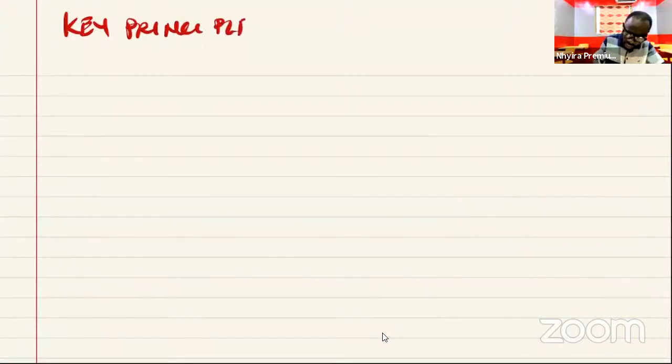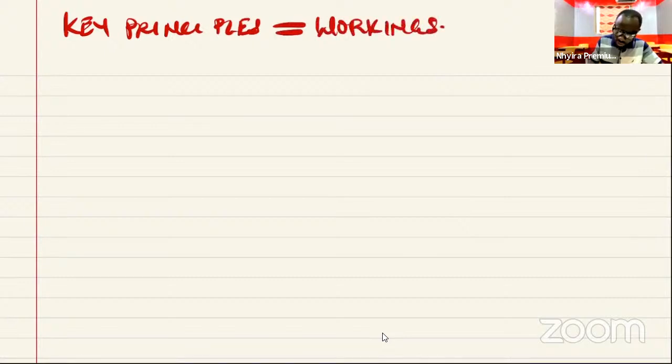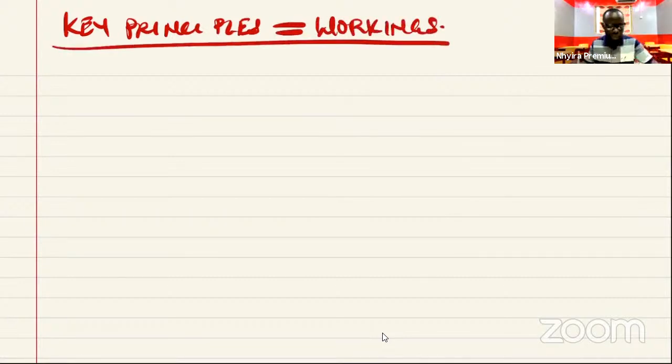So we want to go through the key principles, and by extension, the workings that we're going to be looking out for when it comes to consolidated financial statements. Number one is the group structure.